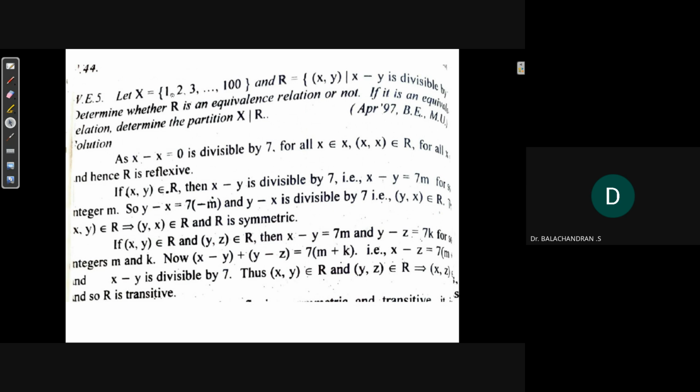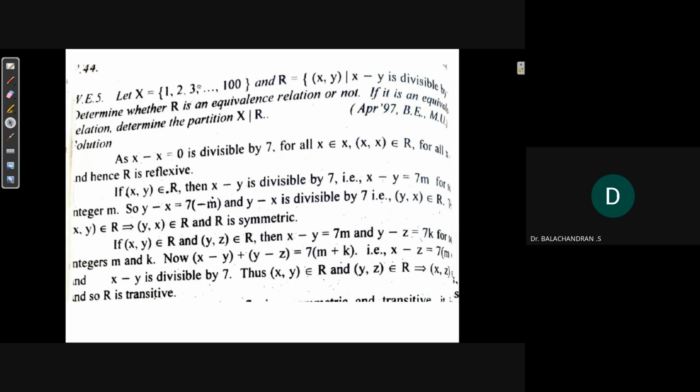Let capital X be {1, 2, 3, up to 100}, and R the relation, the set of all (x, y) such that x minus y is divisible by 7. Determine whether R is an equivalence relation. If it is, determine the partition of X determined by R. That is the meaning of X/R.